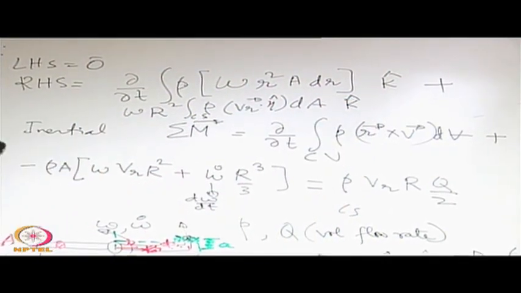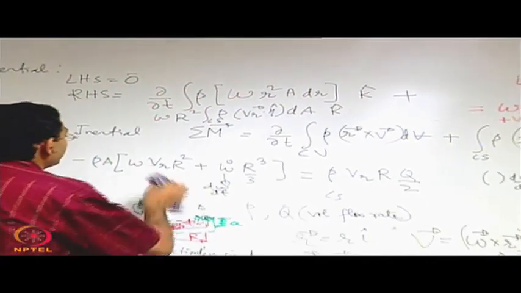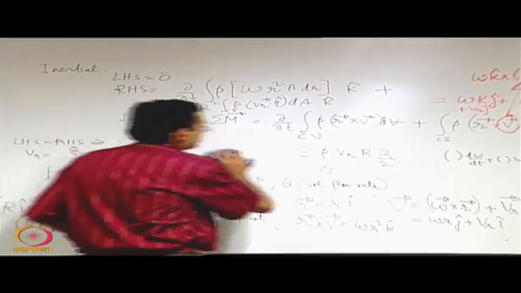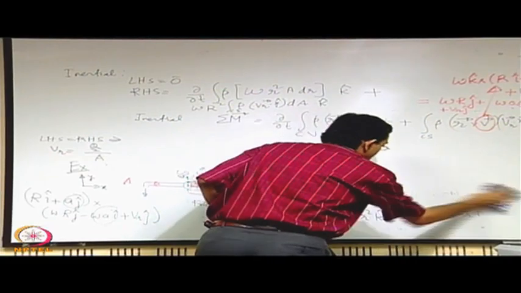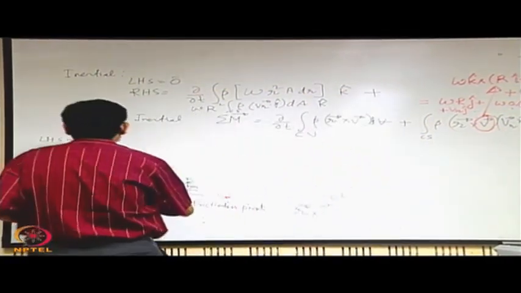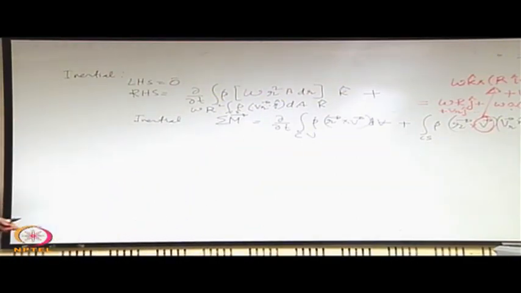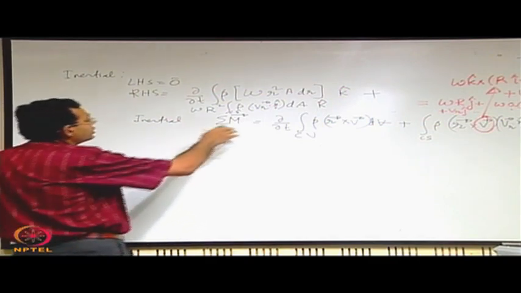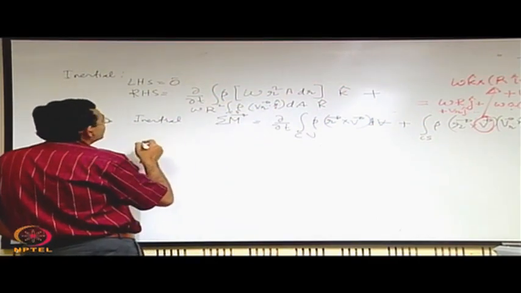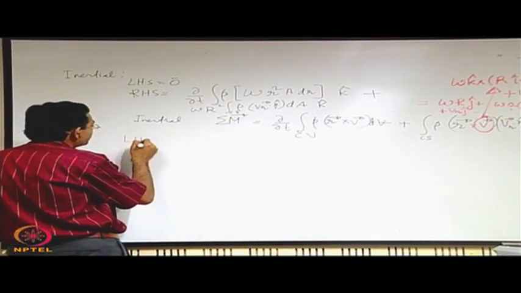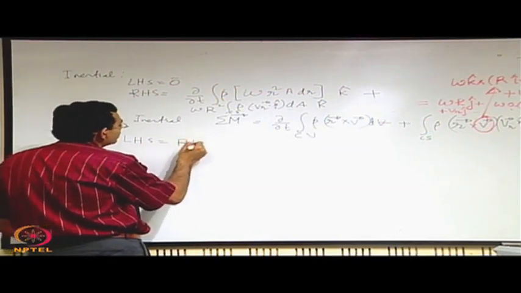Now what we do, we simplify the different terms just like what we did in the previous method. Rho is a constant that we are considering for this problem. So, we are taking that rho out of the left hand side and right hand side.